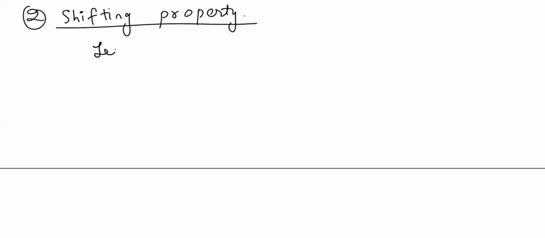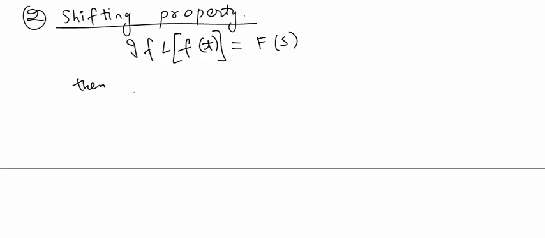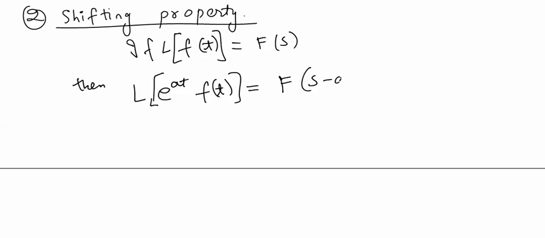Let's say f(t) has a Laplace equal to F(s), then the Laplace of e raised to at times f(t), if I multiply the signal by e raised to at, will be equal to F(s minus a).